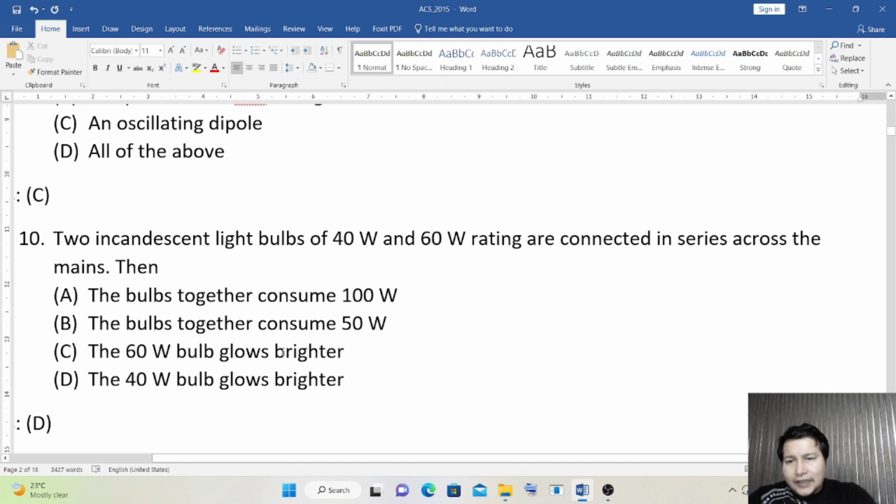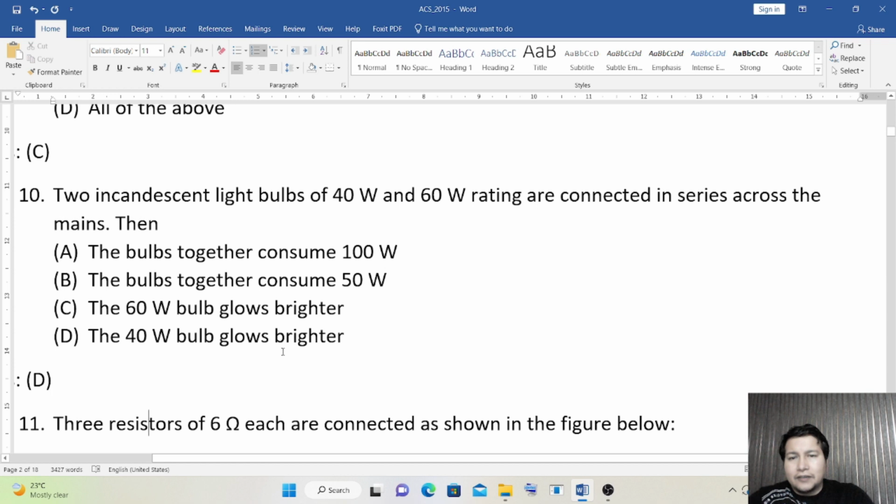Two incandescent light bulbs of 40 watt and 60 watt rating are connected in series across the mains. Then the bulbs together consume 100 watt, the bulbs together consume 50 watt, 60 watt bulb glows brighter, 40 watt bulb glows brighter. So your answer is option 3. It is a general knowledge question.